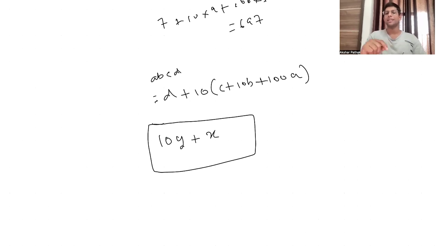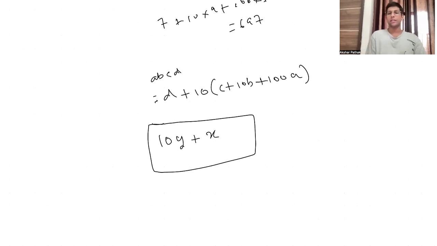So how can we relate it with 7? Can you think? You don't need to think, and that's why I'm here. I mean, it's your choice. You can pause the video and think.